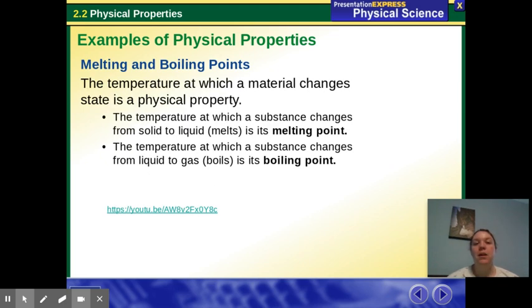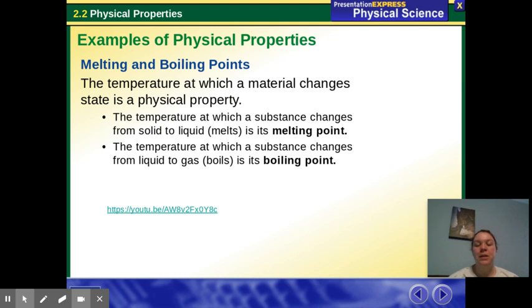Next, we'll look at melting and boiling points. They're just what they sound like. The temperature at which it melts, that is the substance's melting point. The temperature at which it starts to boil, which means it's going from liquid to gas, that is its boiling point. For water, if we're using the Celsius scale for temperature, melting point is going to be 100 degrees, or sorry, it's going to be 0 degrees Celsius.